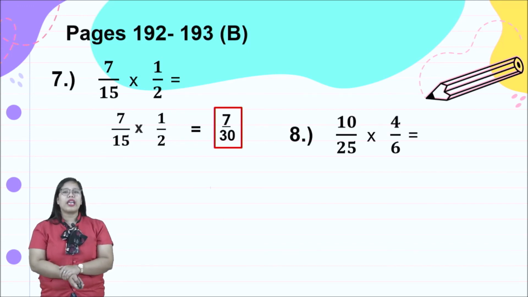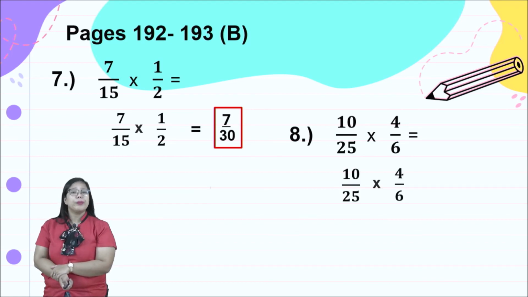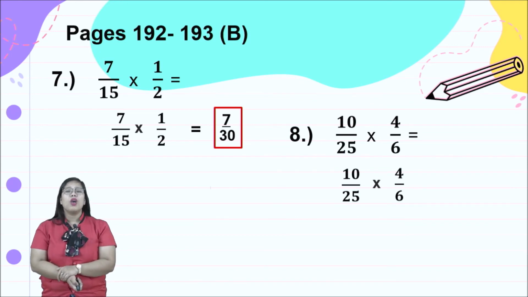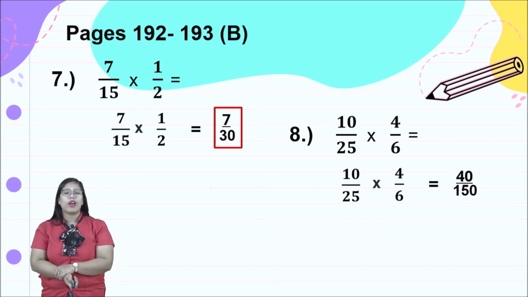So the number 8, we have 10 over 25 times 4 over 6. So we need to multiply again their numerator. Their numerator for number 8 is 10 and 4. As you can see, 10 times 4 is 40. Very good. And 25 times 6 is 150.